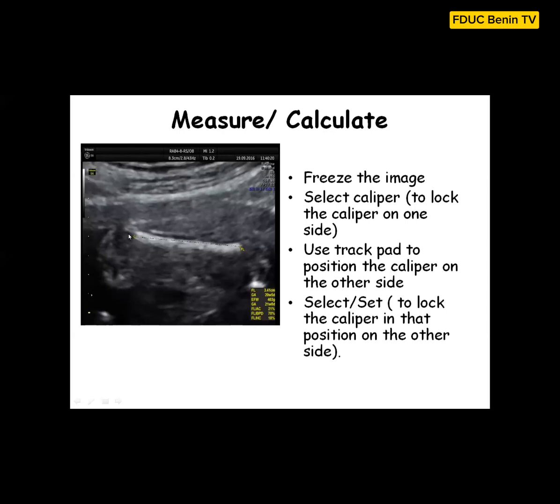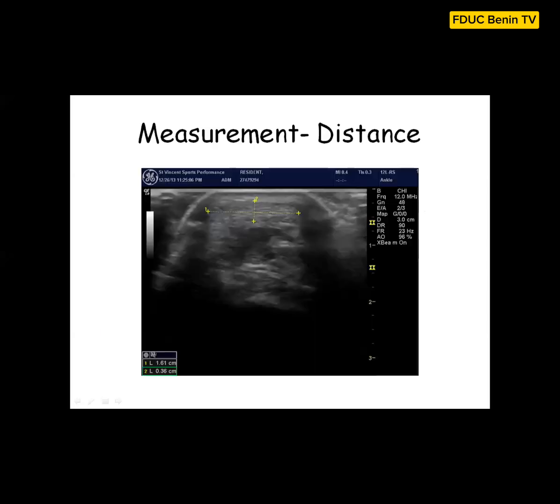When I've reached the end, I click on set. That locks it, and automatically the femur length will be generated. This is a linear measurement. Now the machine will generate the gestational age and other parameters for me.